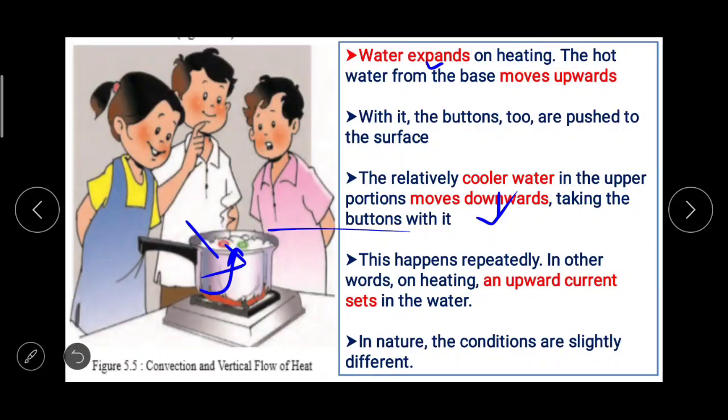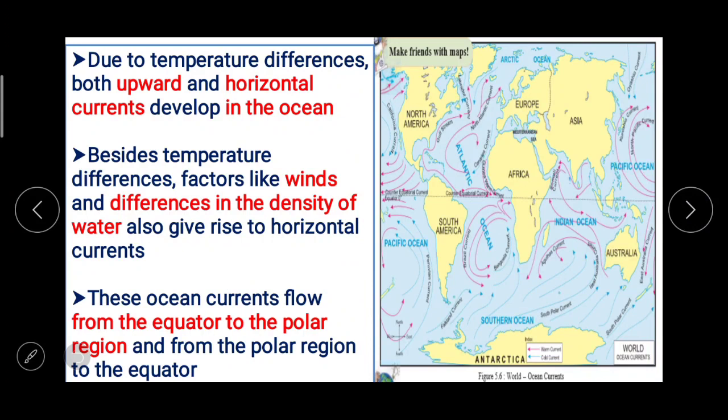In other words, on heating, an upward current sets in the water, and in nature the conditions are slightly different than this. So, we are going to talk about the conditions in nature now, how it is different from the situation in figure 5.5. Due to temperature differences, both upward and horizontal currents develop in the ocean.